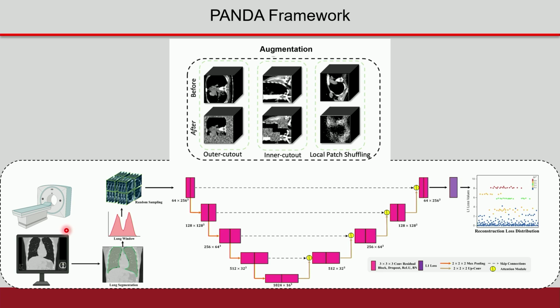So first we crop the lung region, then apply a lung window, and then resample all of our images to some spacing. Then we use an attention unit to reconstruct the images through some convolutional layers and attention layers.